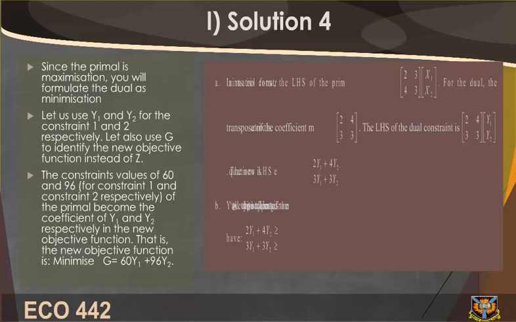The new LHS is 2y1 plus 4y2, and 3y1 plus 3y2. You then change the direction of all constraints from less than type to greater than type. That is, we now have 2y1 plus 4y2 greater than, and 3y1 plus 3y2 greater than.